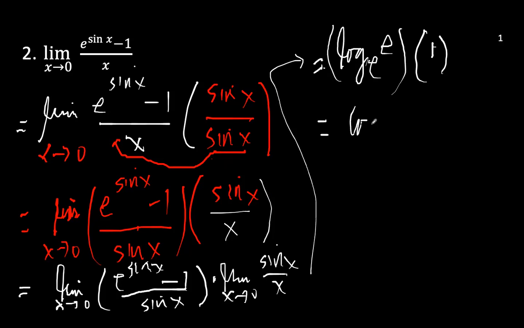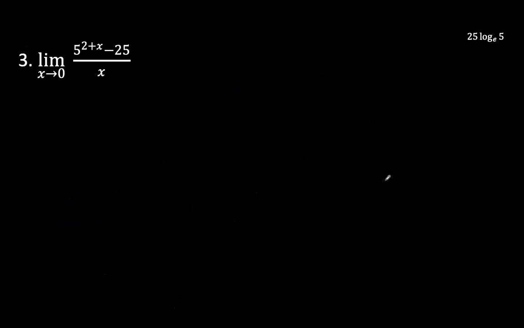So this becomes the logarithm of e base e, and based on the property of the logarithm, if the base and the number here are equal, then the logarithm is equal to 1, okay? So the answer here in number 2 is equal to 1. All right, so we have 1 as the final answer. And I hope we get the same answer.